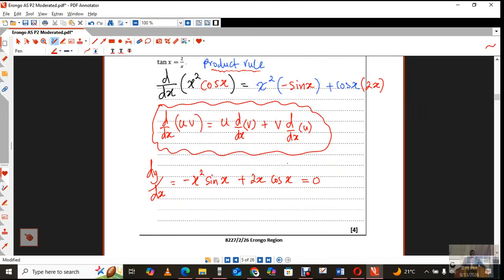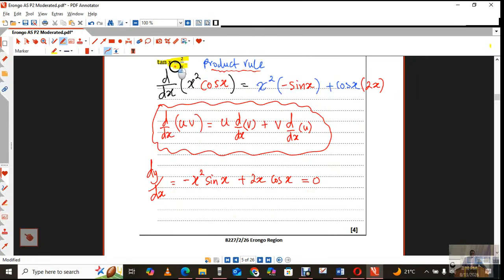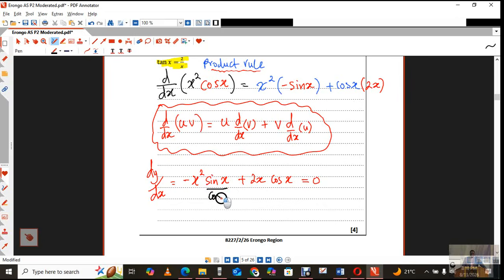As you can see, there's some tangent involved there as well. That is also a guiding factor: where we have sine and cosine, we need to change them so that we can have them in terms of tangent. You should know at this instance that tangent is nothing but sine over cos. So I'll divide here by cos x, and I'll also divide here by cosine x.